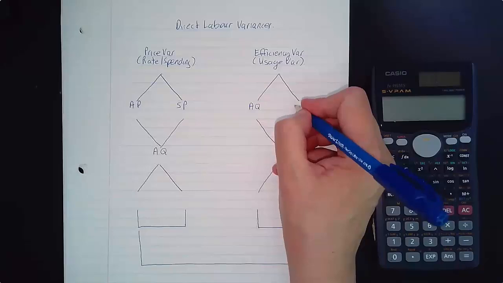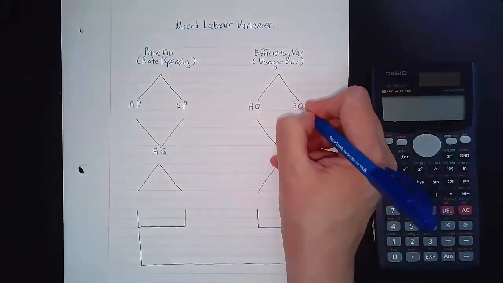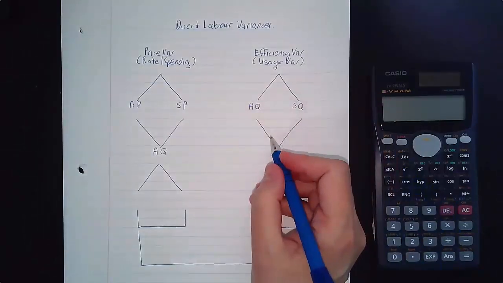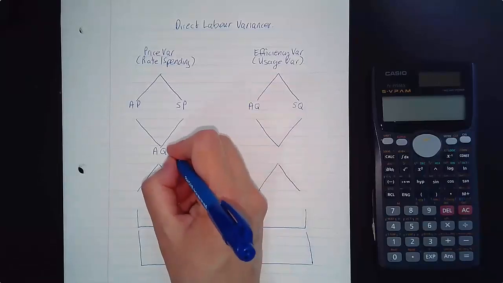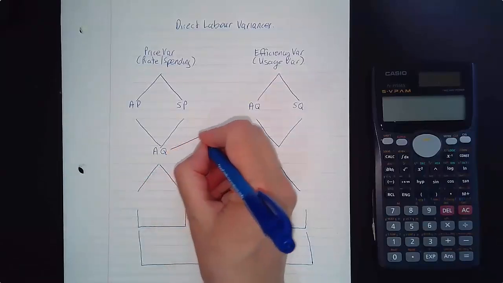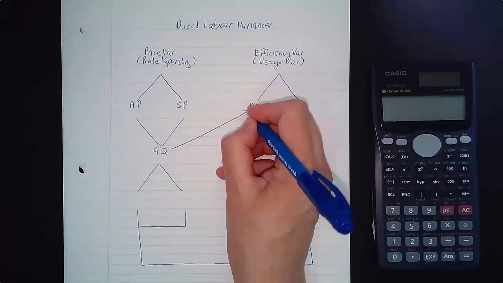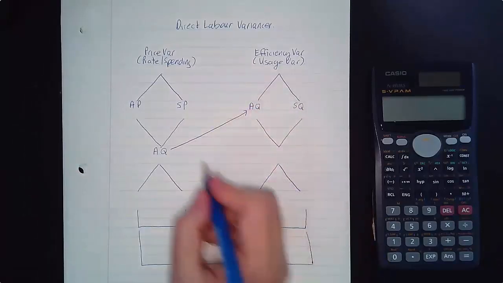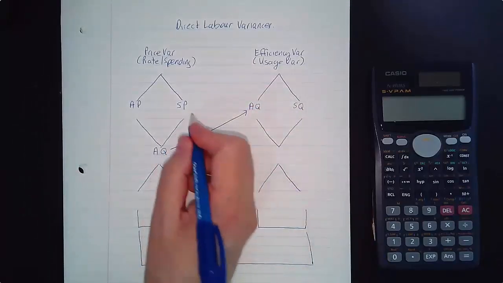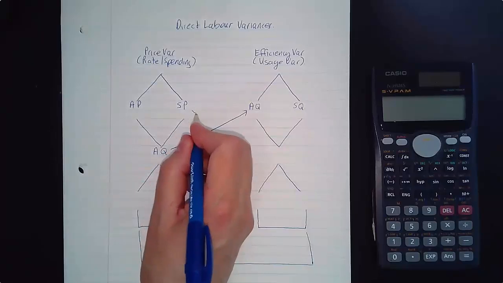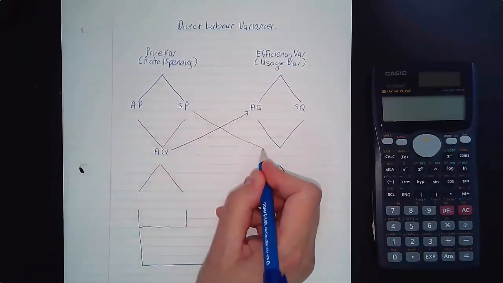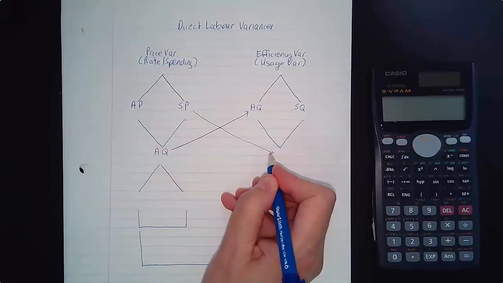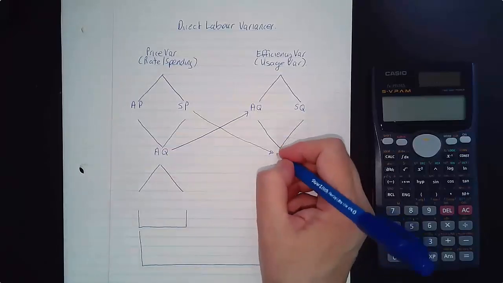In the diamond right-hand side is the standard quantity. Now notice this. My actual quantity from the price variance is going to be carried up to the actual quantity in the efficiency variance. My standard price from my efficiency variance is going to be taken down from the standard price in the price variance.